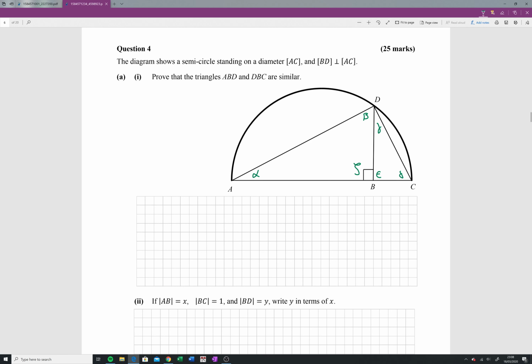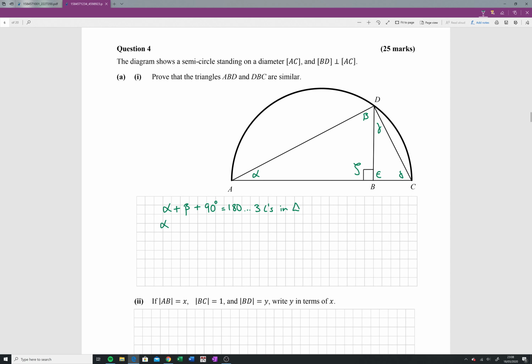Okay, what do we start with? Start with something very trivial. Say alpha plus beta plus zeta. It is given to us that zeta is 90 degrees, so we'll just say that is equal to 180. Obviously true, since those are 3 angles in a triangle.